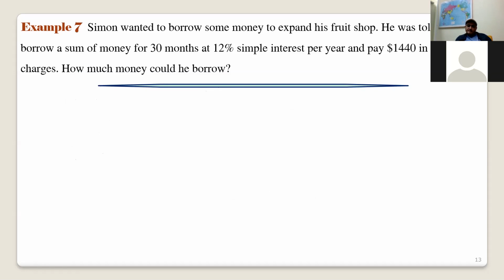Should we convert the 30 months to years? Yes, because the rate is given per year. Usually all interest is given in a year. Let's also write T in front of the 30, so we can say it's the time. T equals 30 months. Okay, and the rate is given.